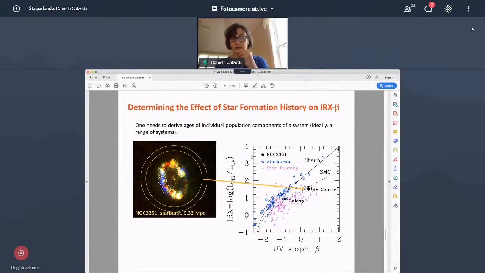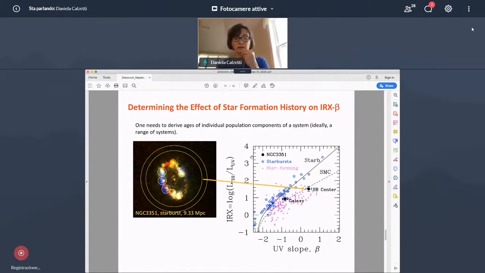You might think this is a little busy work, but unless you can prove definitively that the star formation history has an effect on the position of a galaxy on the IRX beta plot, you are back to square one of many potentially degenerate hypotheses, including variations of the attenuation curve.